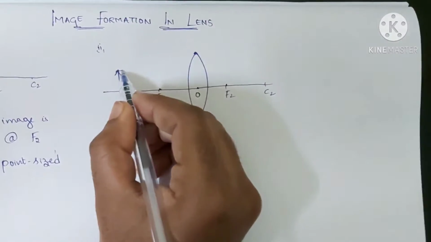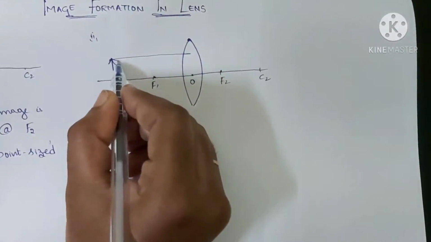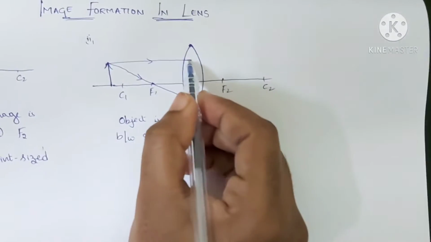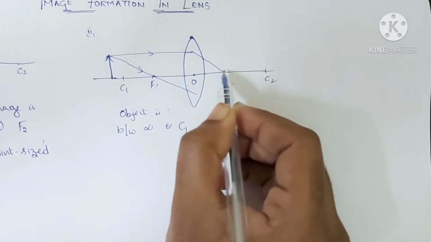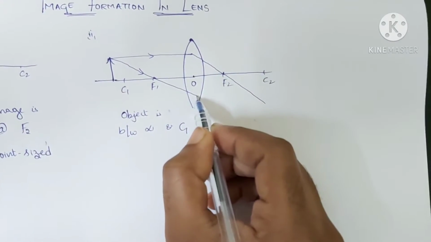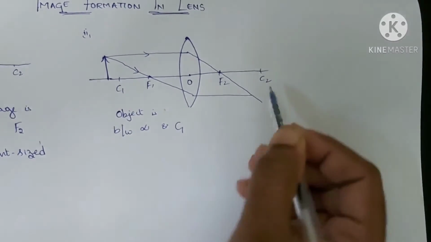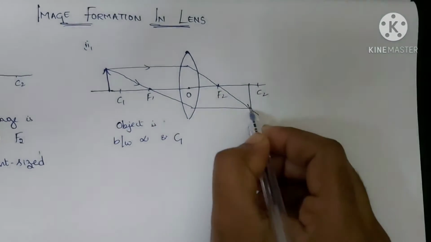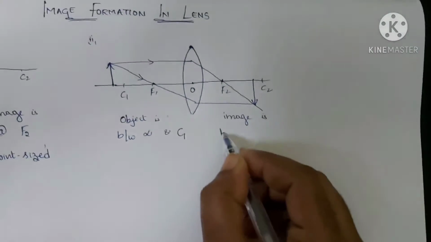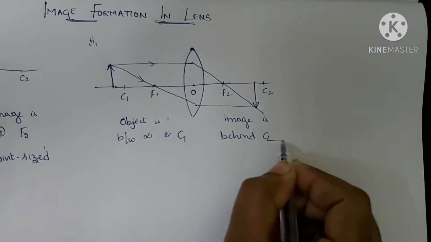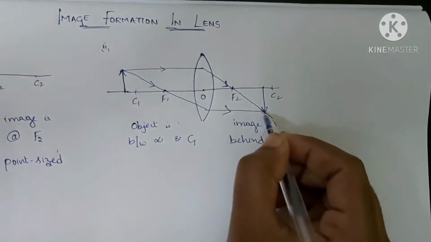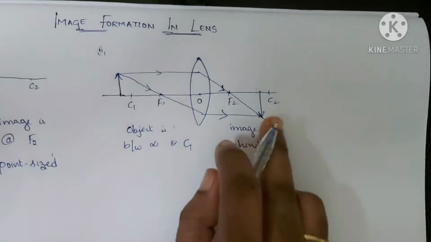With the object over here, one ray goes parallel to the principal axis, and another goes through the focus, after which it will be parallel. The two rays meet over here, so the image is formed beyond C2, at the point where the two rays meet.